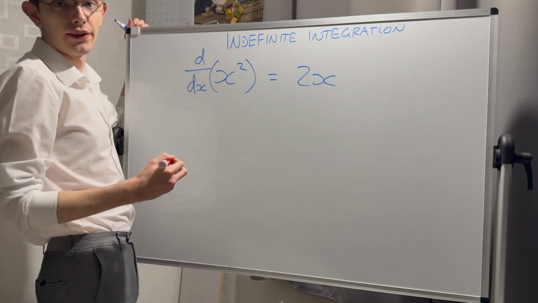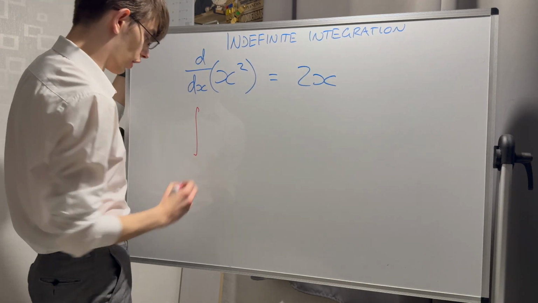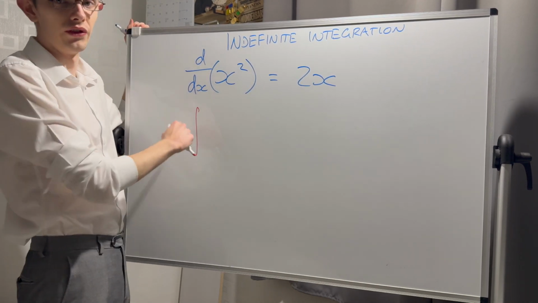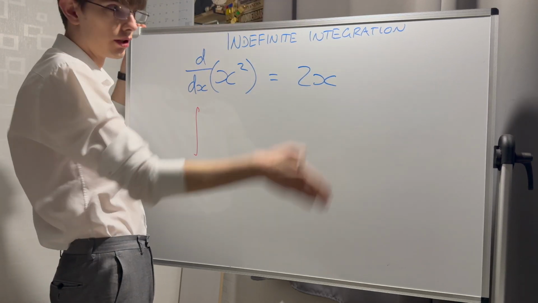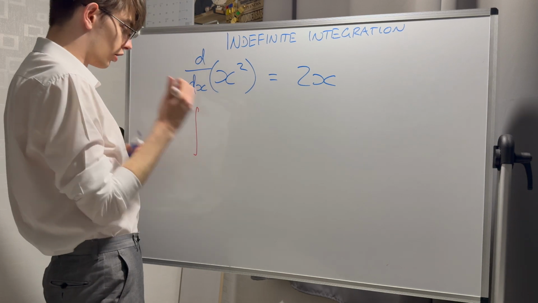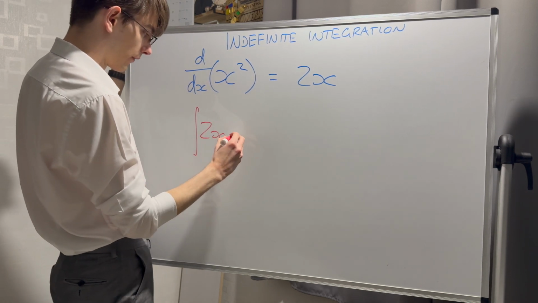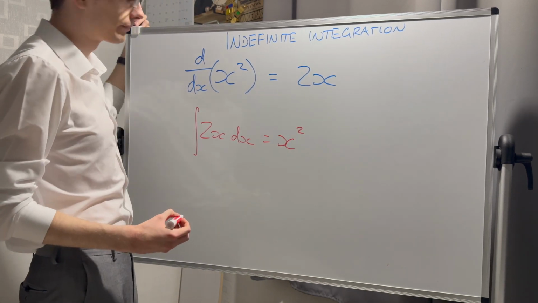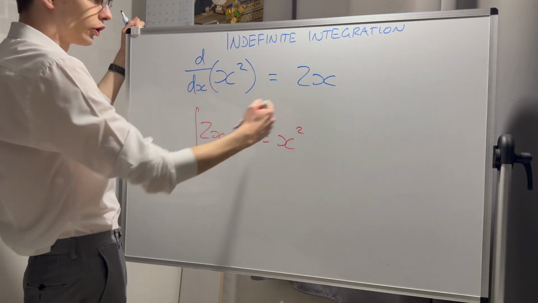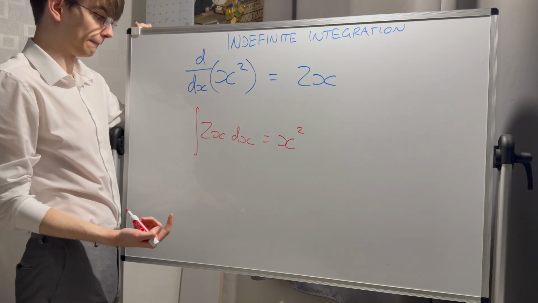Now, the way I write this is as follows. The integral, this is the integral sign, kind of like a really long S, but with a very straight bit in the middle, of 2x dx is equal to x squared. Okay, so these two would be opposites of one another.